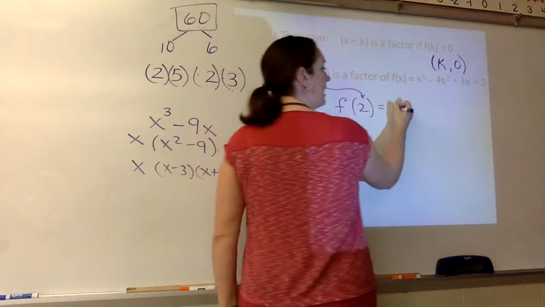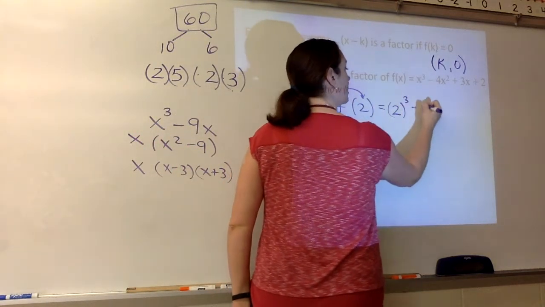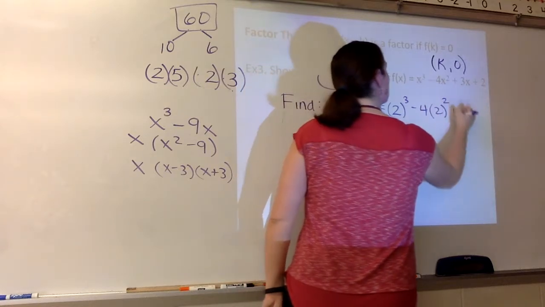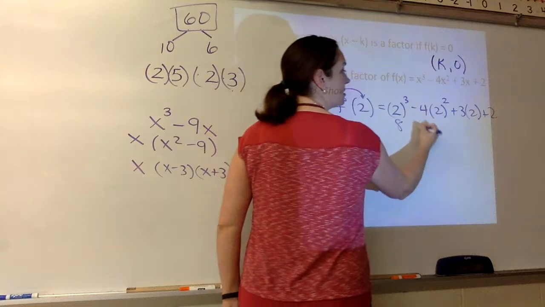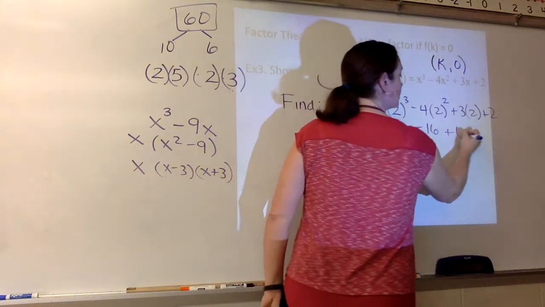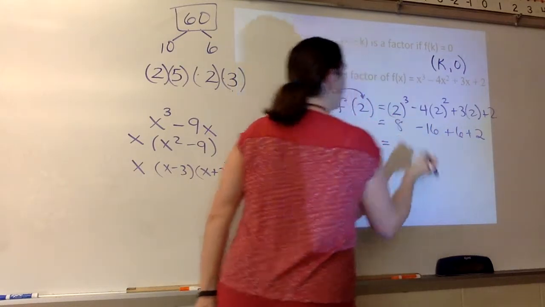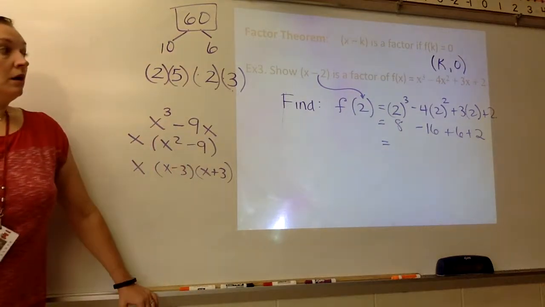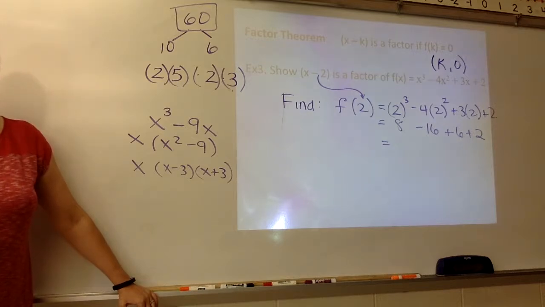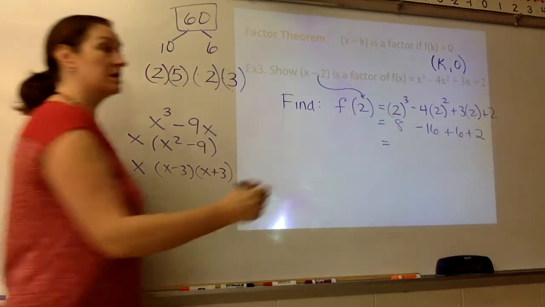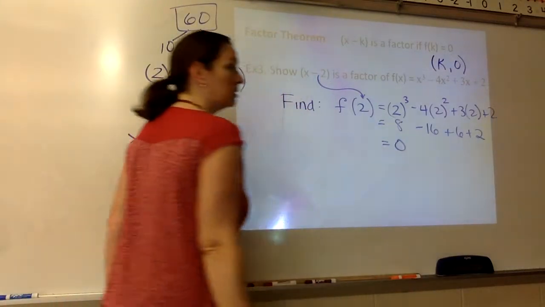So when I do that, I get 2 cubed minus 4 times 2 squared plus 3 times 2 plus 2. 8 minus 16 plus 6 plus 2 gives me what? Real quick, 8 plus 8 minus 16. Rearrange the order, figure it out. What'd you get? 0.